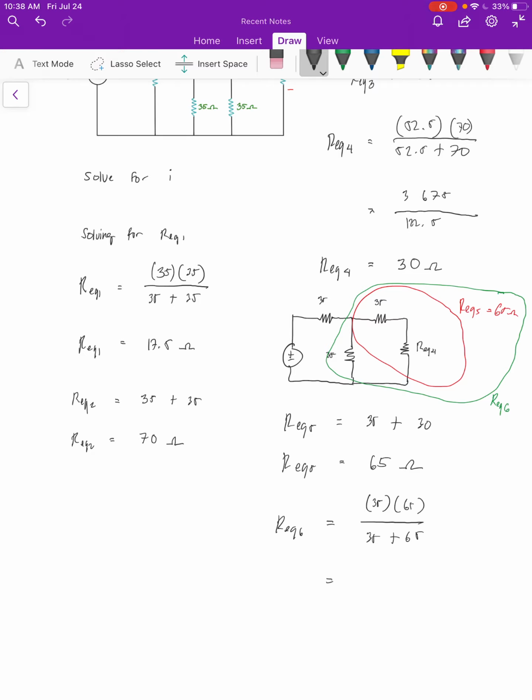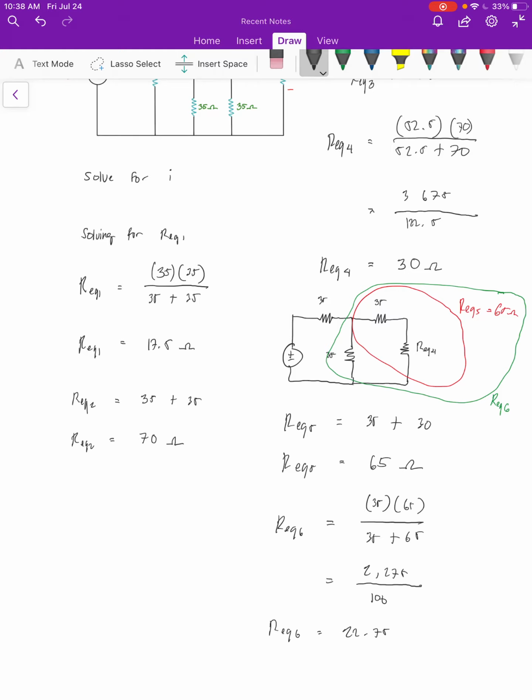So we have 35 times 65, that's equal to 2,275, divided by 35 plus 65, so that's 100. And REQ6 then is equal to 2275 divided by 100, that's 22.75.